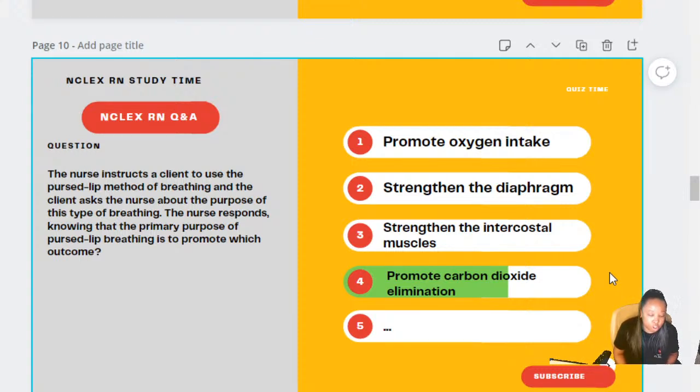The lung is not functioning properly. The elasticity of the lung is not the way it's supposed to be. It has become stiffer, so that makes it difficult for them to eliminate the carbon dioxide, to breathe the carbon dioxide out.